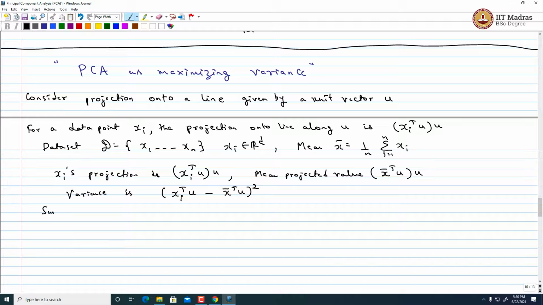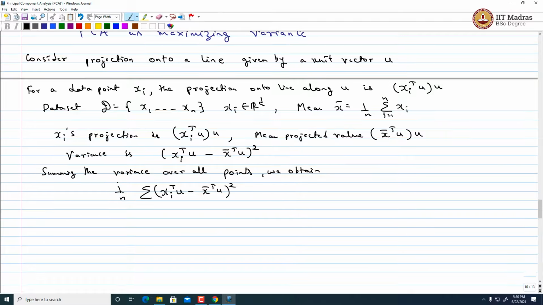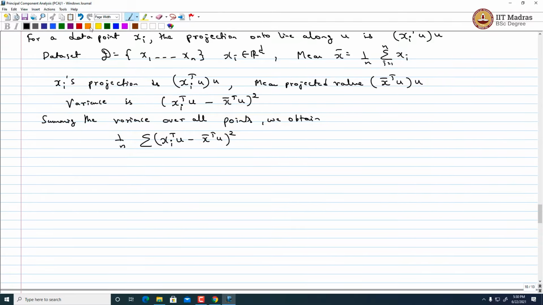Now summing the variance over all points, and of course averaging it, we obtain 1 by n summation of (xi transpose u minus x bar transpose u) square. Now this is the quantity of interest.